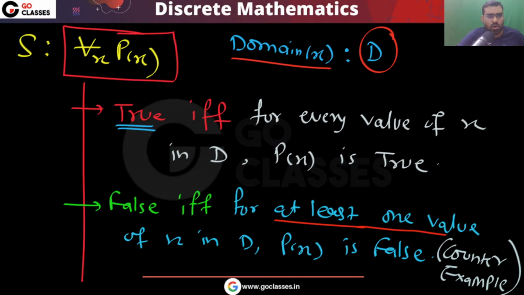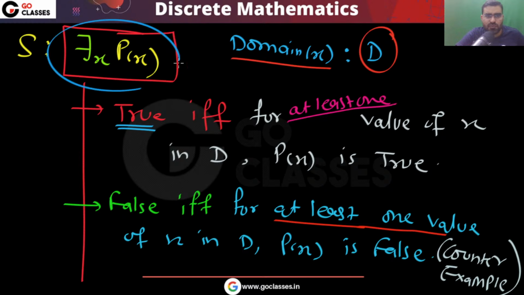Now the second, look at this one. If I write this, there exists X. Now when can you say it will be true? It will be true if for at least one value of X, this P(x) is true.